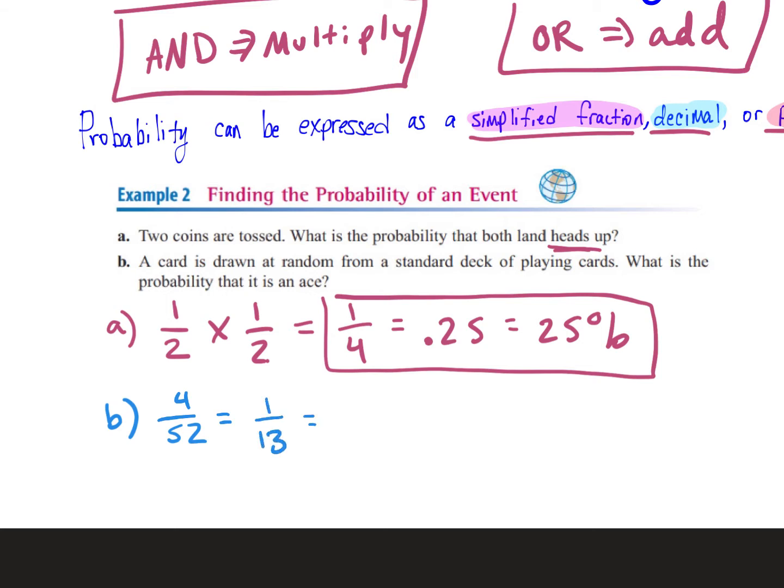And then what would this be as a decimal? 0.076 or 0.077 because we would round up. And what would this be as a percent? 7.7%. Perfect.